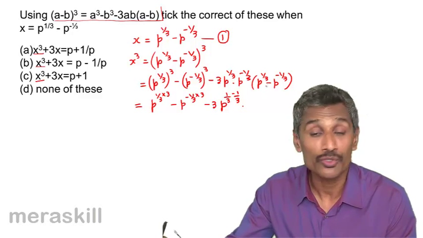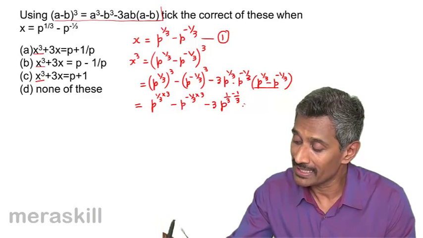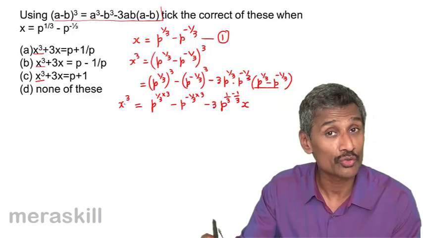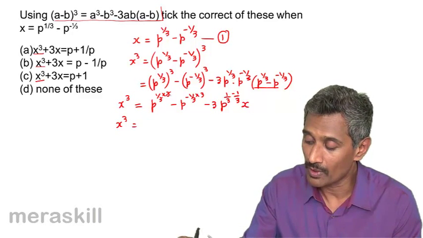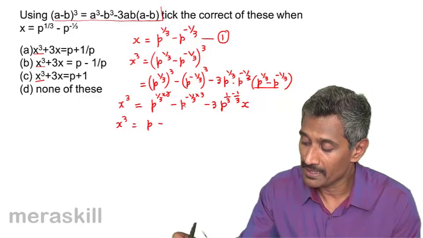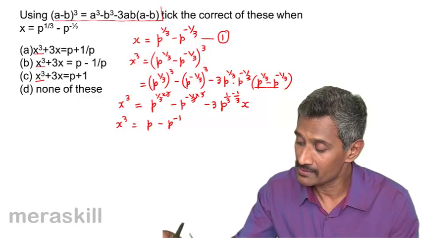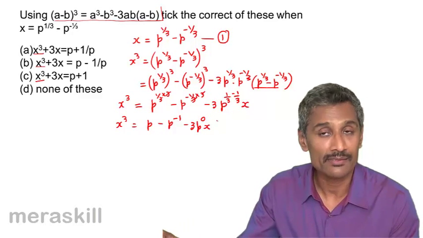We can resubstitute this as x because we know x is this. And this whole thing is of course x cube. So we have x cube is equal to p raised to 1 minus p raised to minus 1 minus 3 p raised to 0 into x.